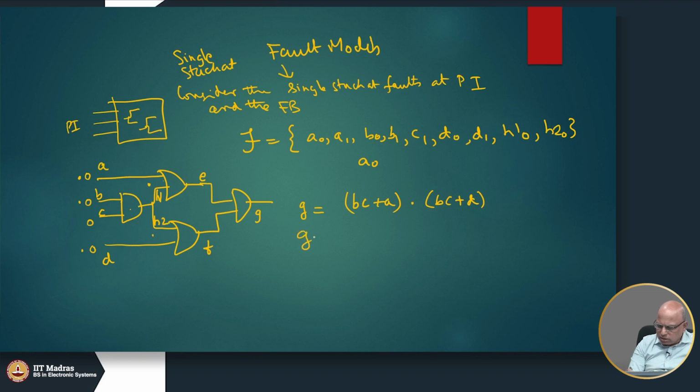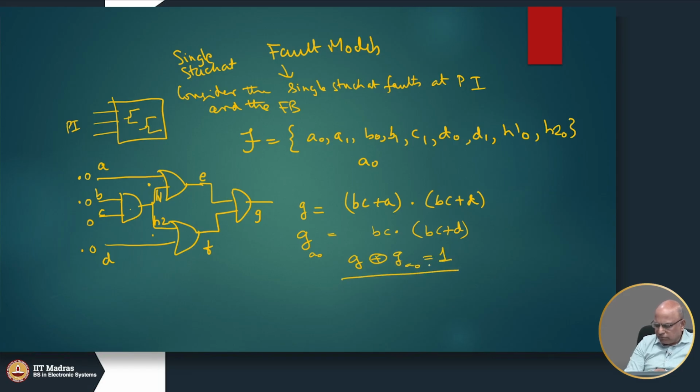So, the faulty circuit, when A0 is present, A will become 0. So, it will produce BC and BC plus D. So, somehow we have to make sure that these are different. So, we have to make sure that G XORed with G of A0 must be 1.